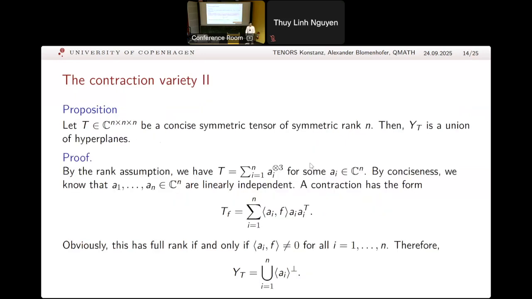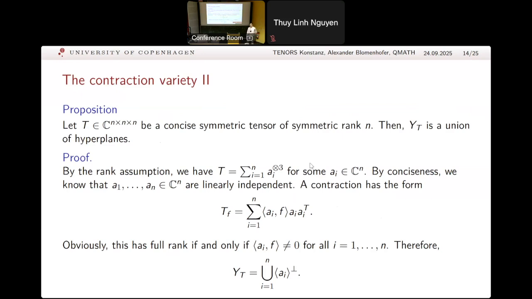Okay, and then let's start with my personal favorite way of thinking about this algorithm, even though it maybe should not be called Jenrich's algorithm. If we have a concise symmetric tensor of symmetric rank n, that's the assumption of Jenrich's algorithm, then we can show that this contraction variety is a union of hyperplanes.